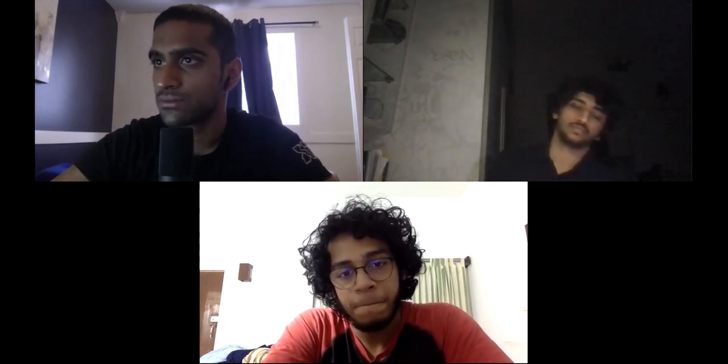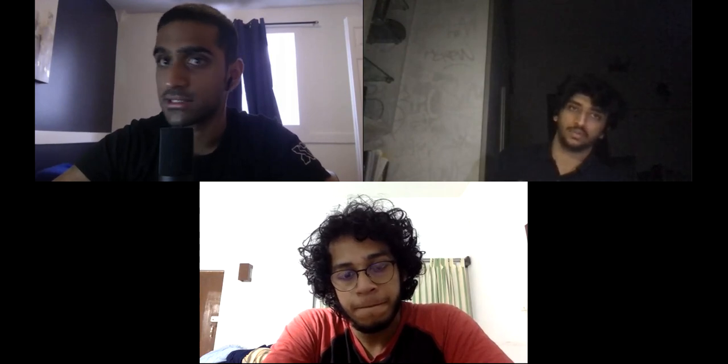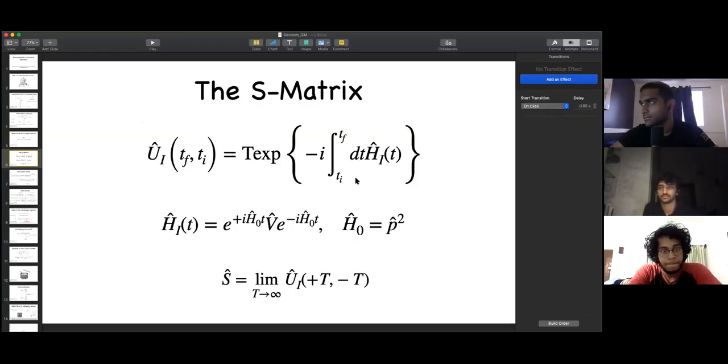So this was where we defined the S matrix. As you can see, the S matrix is telling us how we can evolve a state at very, very early times to very, very late times. And that's where you assume, so the assumption that you can have free states is maybe justified in that limit.